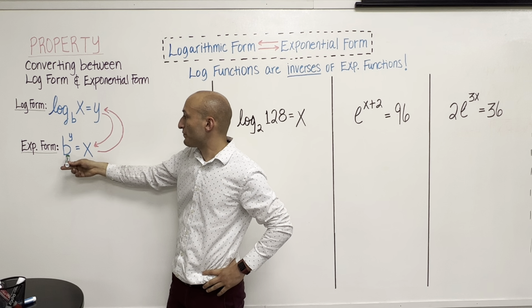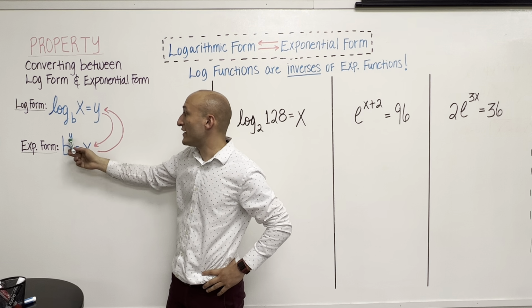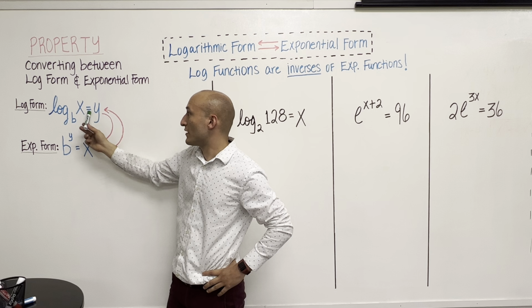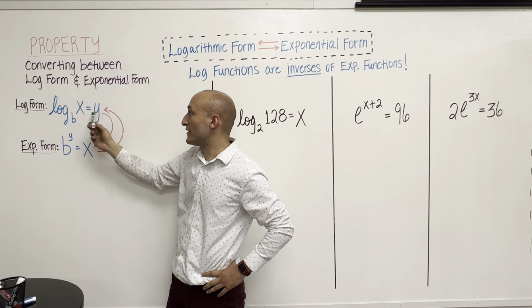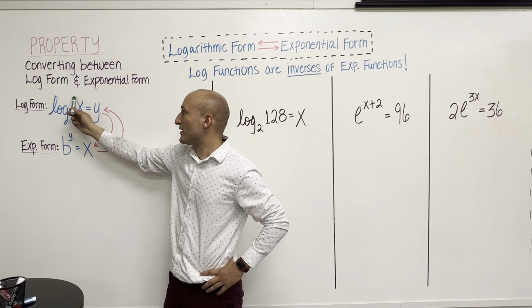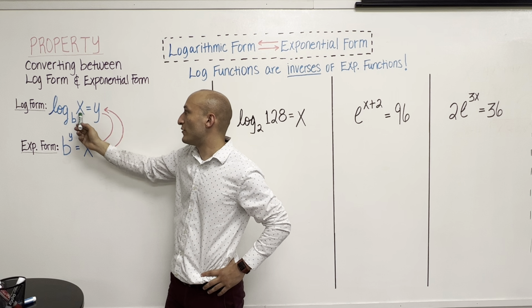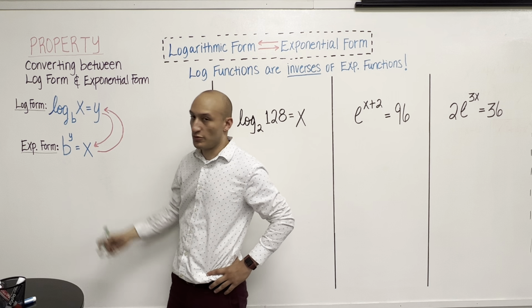So I grab my logarithmic base and raise it to the power of y. Whatever you're taking the log of is equal to that exponent. Here we're taking the log of x, so that will be equal to this exponent.